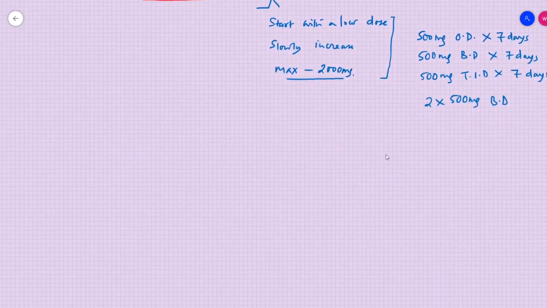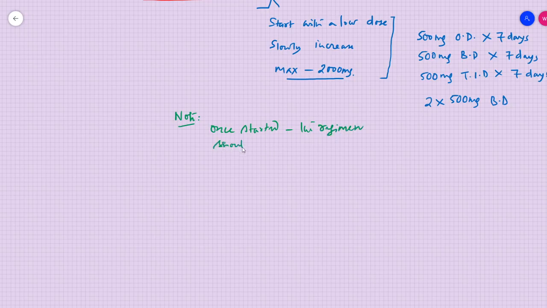Once you start, let's write it down here again as a small note. Once started, the regimen should be continued till there is a contraindication.